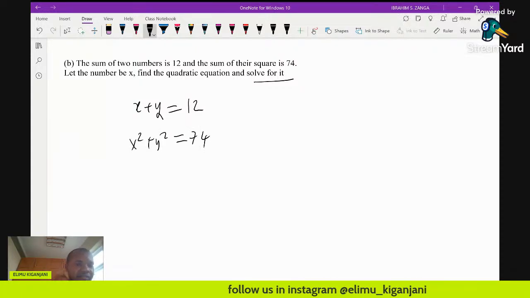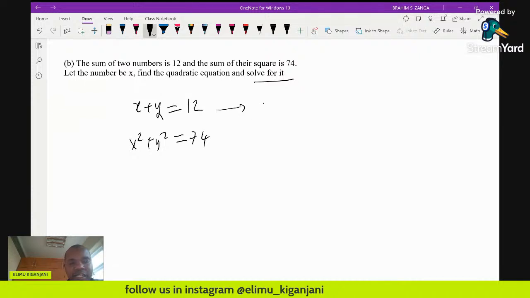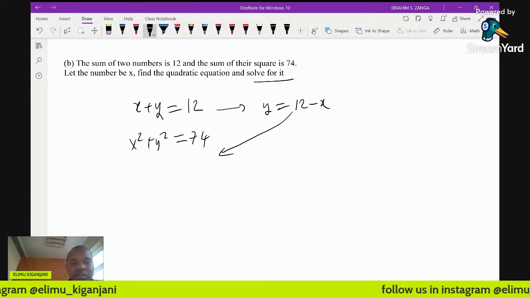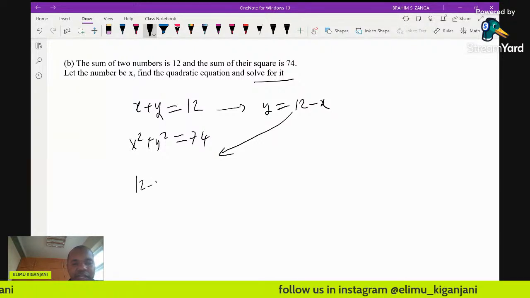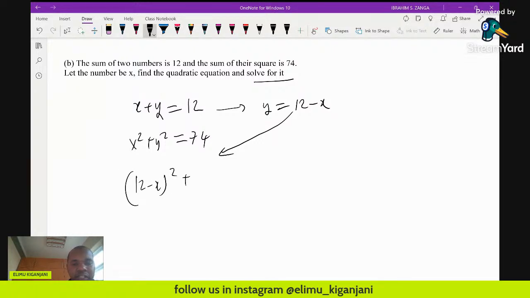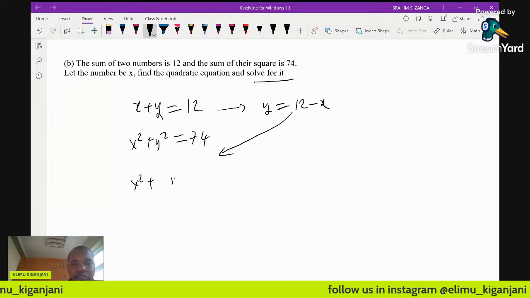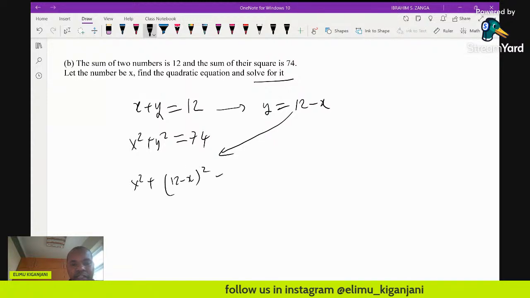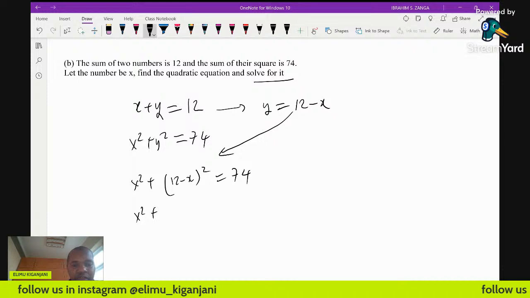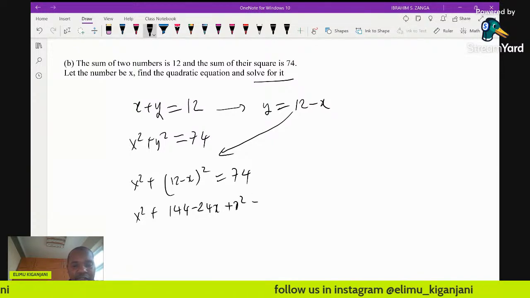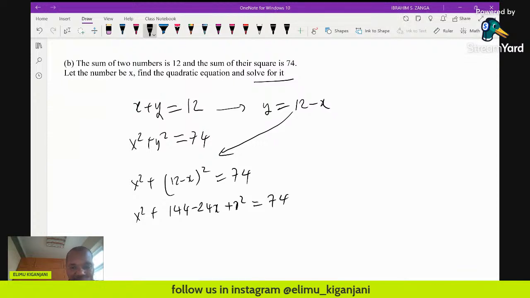Then let us form the quadratic equation. From here you can say that y equals 12 minus x. You substitute the value of y here, so you have x squared plus (12 minus x) squared equals 74. You open the bracket: x squared plus 144 minus 24x plus x squared equals 74.